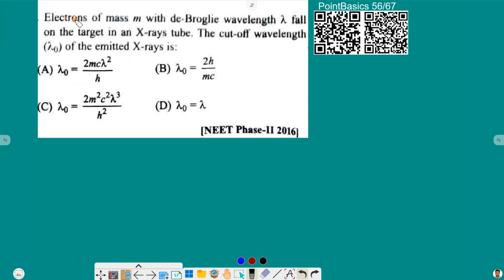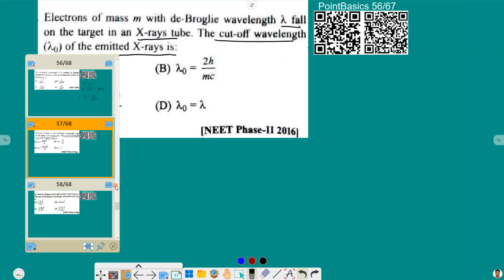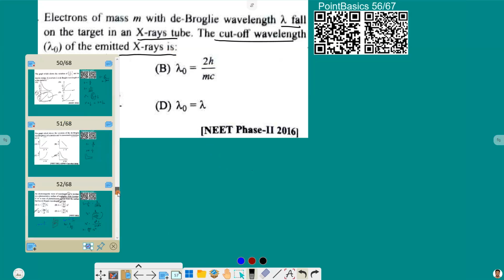In the next one, an electron of mass m with de Broglie wavelength lambda falls on the target of an X-ray tube. The cutoff wavelength lambda naught of the emitted X-ray. Now, this type of question we have already solved. Let me show you where we did it.